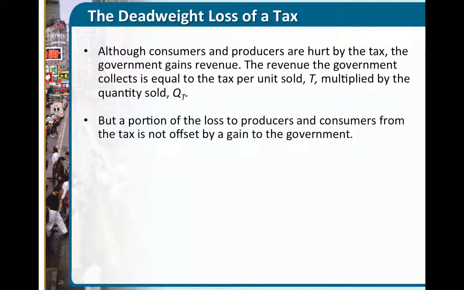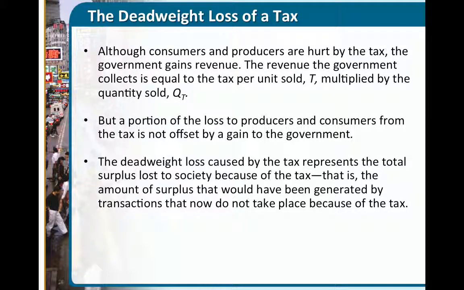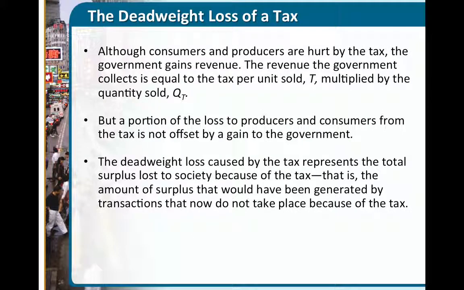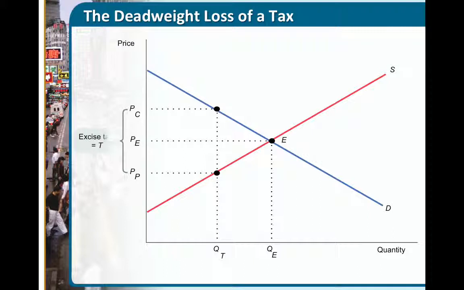So you can see here, this is the deadweight loss, which is caused by the tax. It's the total surplus lost to society because of the tax. These transactions do not take place anymore. So you can see here again, this is the deadweight loss in this triangle here. And that actually can be calculated too. If you remember, a right triangle is 1/2 times base times height.